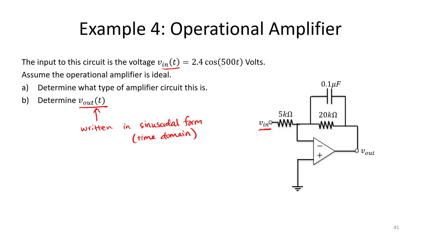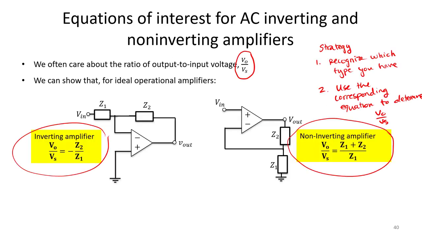All right, so what kind of amplifier circuit is this? Well, we don't have a circuit with a capacitor in it, necessarily, but notice the capacitor and resistor here are parallel with each other. So in fact, in this case you can see that we must have an inverting amplifier.